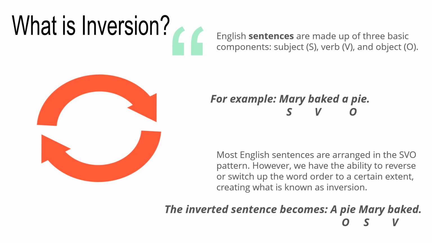This sentence has the same exact meaning as the above sentence, but the only thing that changed is that we inverted the subject and the verb and the object. So we would have a sentence that started with an object, that is a pie, followed by the subject, that is Mary, and we ended the sentence with the verb, that is baked.